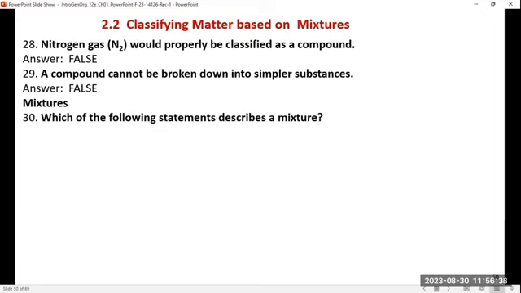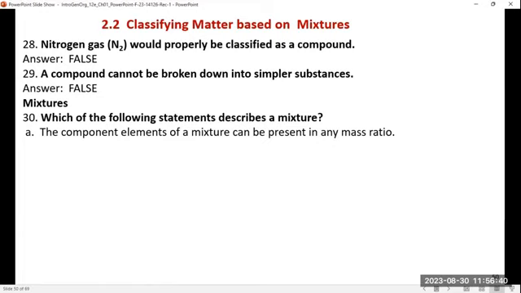Mixtures are a combination of elements: two different elements, an element and a molecule, an element and a compound, or two different compounds. The components of a mixture can be present in any mass ratio.